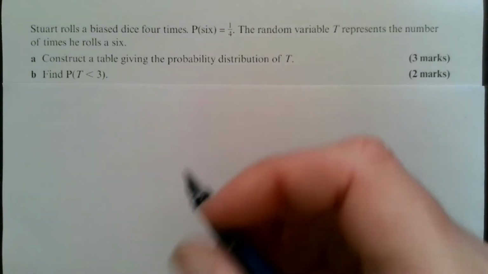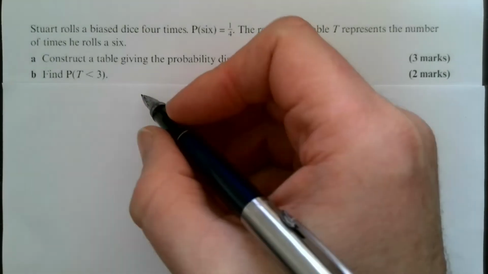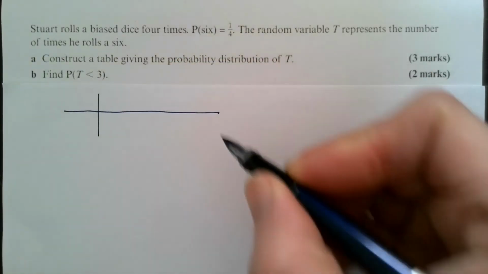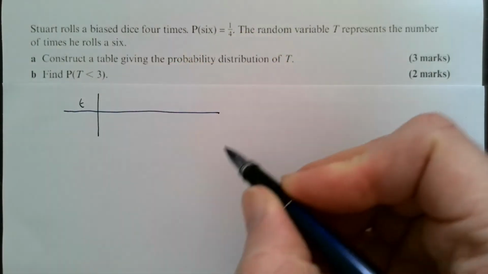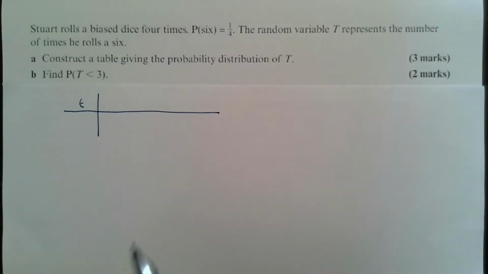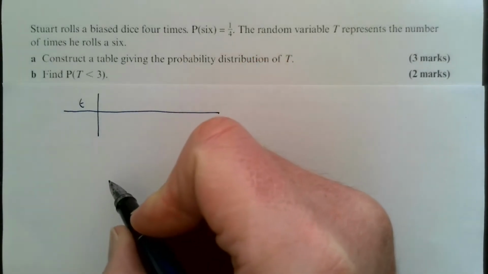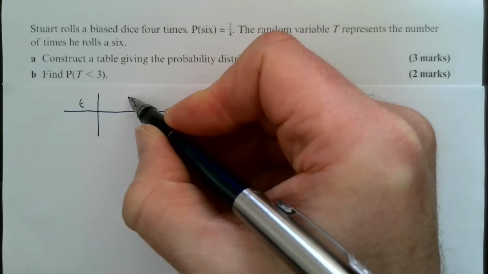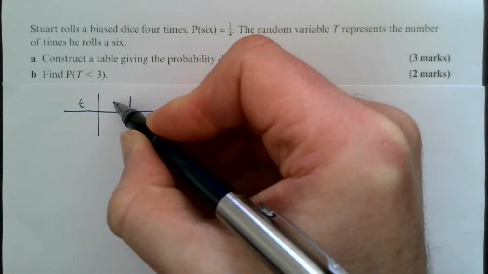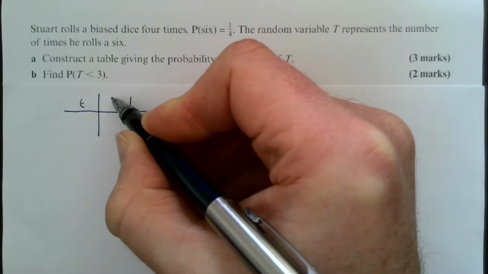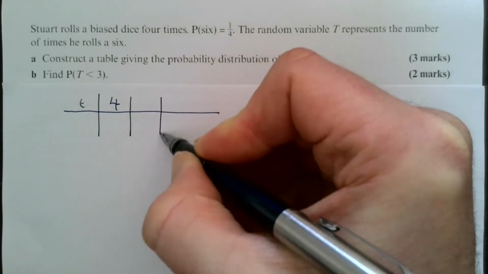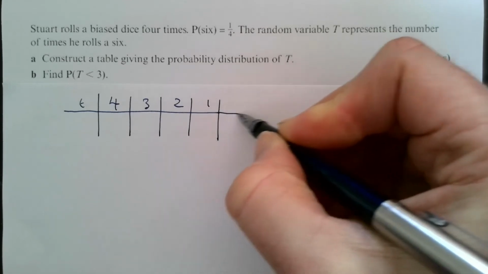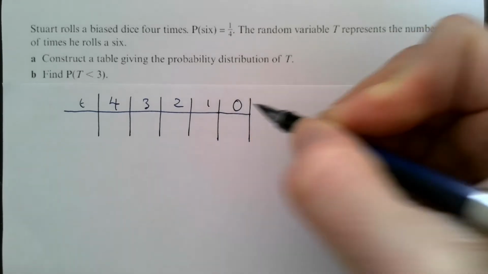So we're thinking about how many times he's rolling the dice. So we've got our random variable T represents the number of times he rolls a 6. He's rolling it 4 times. So he could roll 4 sixes. He could roll 3, 2, 1, or no sixes at all.